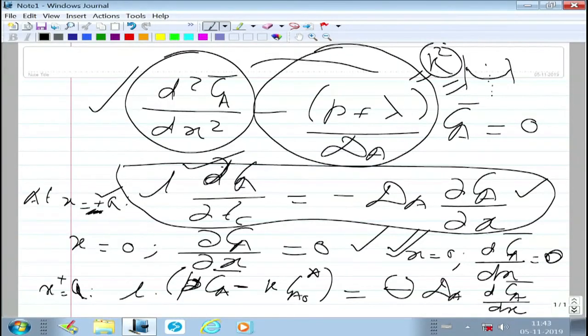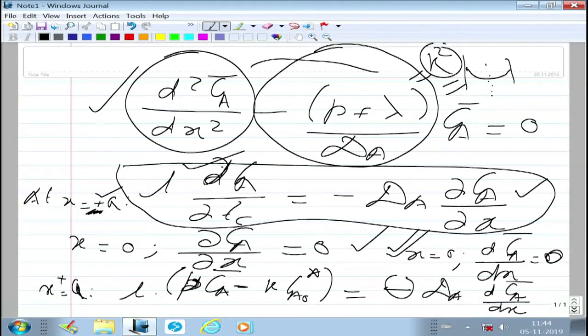Take this as k square, minus p plus lambda by dA as k square. So, this becomes plus k square. Now, on the left hand side, d2 CA bar by dx square plus k square CA bar is equal to 0. Okay. K square is taken as minus p plus lambda by dA. Take this as k square, and then write CA bar in terms of cos kx and sin kx.